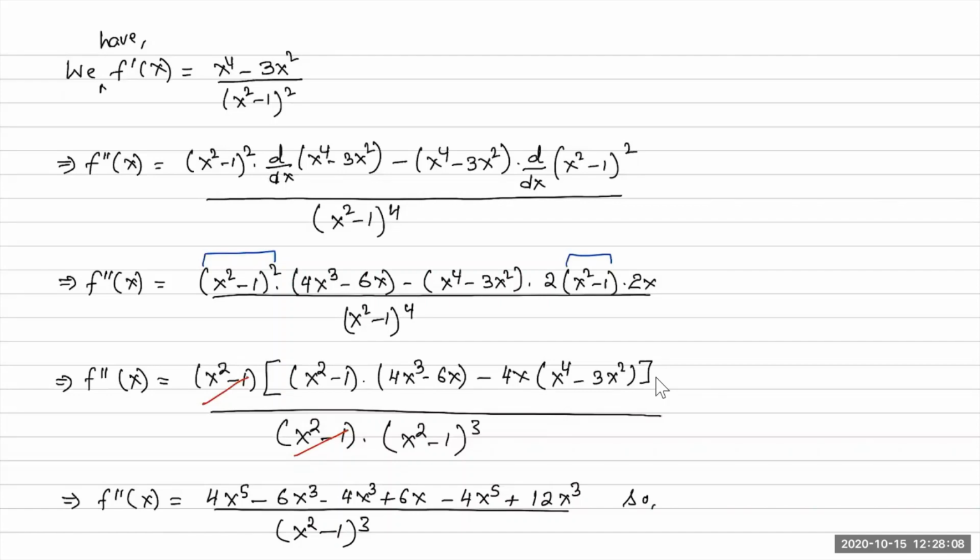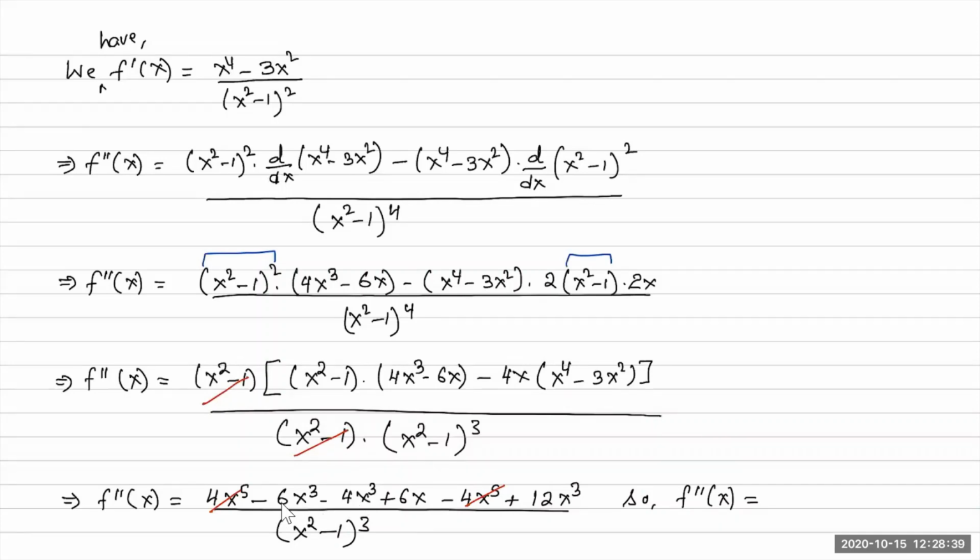So we can write the second derivative is equal to, in the numerator you can see this 4x to the 5 gets cancelled, and then look at the x cubed. Here we have 12x cubed, and here we have minus 6x cubed. 12 minus 6 is 6, and also we have minus 4x cubed. So it will be 2x cubed.